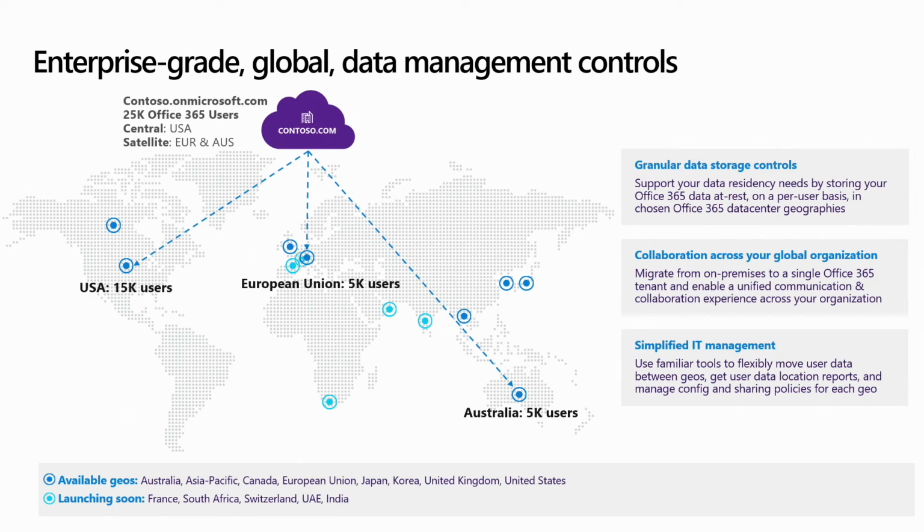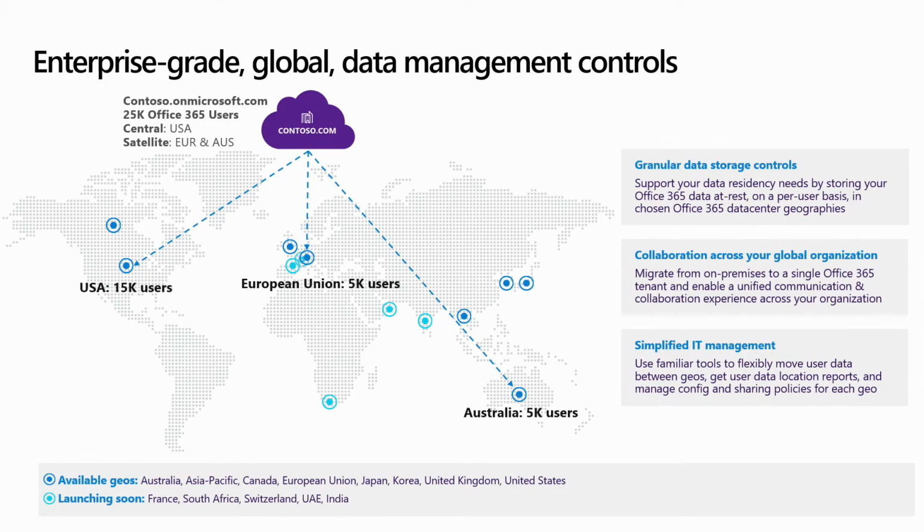You start using features like the global address list to look up all users across the organization. Your global people picker makes it really easy for you to share documents across the organization. And you start benefiting from the intelligence of new applications like Delve, which really give me the intelligence across my entire global organization, across my users, across files, across content that's being generated.